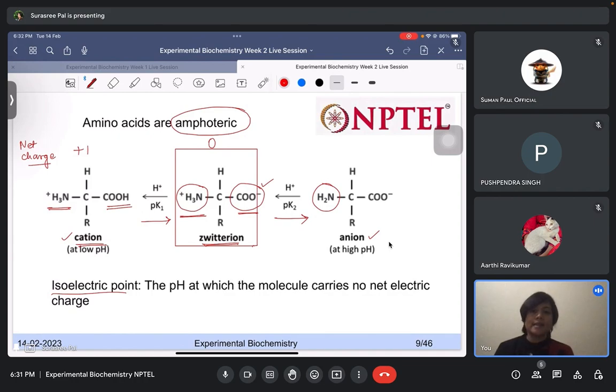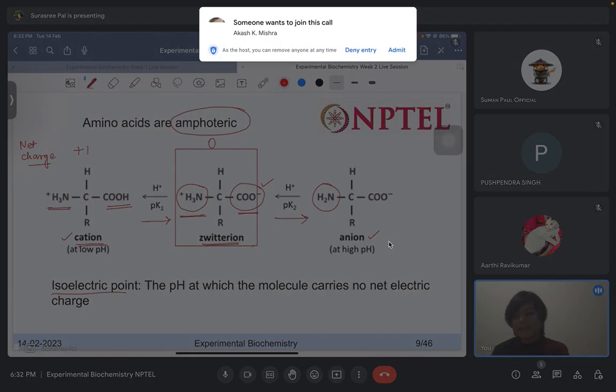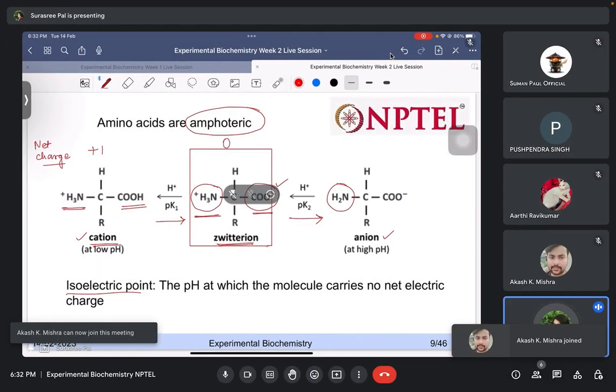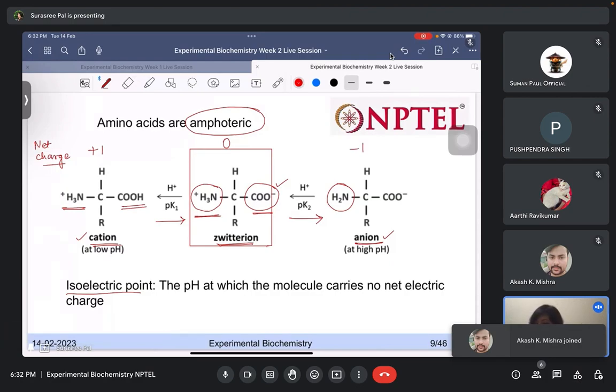Since this NH3 plus group has a higher pKa value, it releases the proton at a higher pH value. At this condition the amino acid exists as an anion, right? So what is the net charge? It is -1, coming from the COO minus group, right?